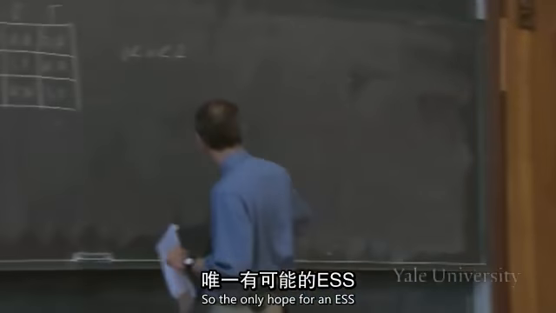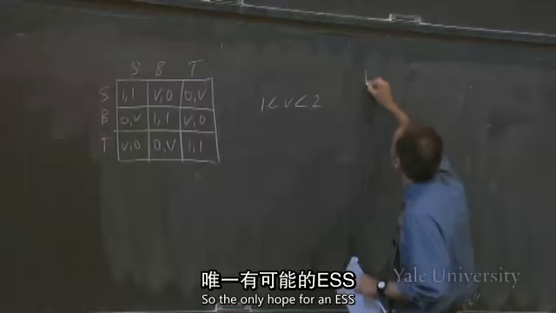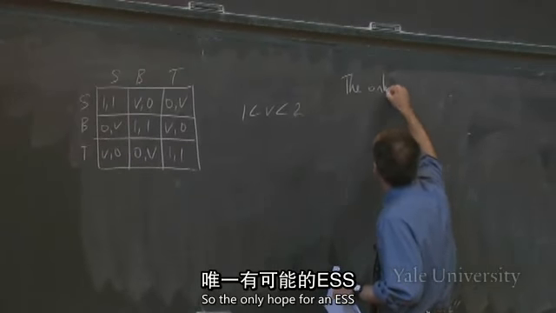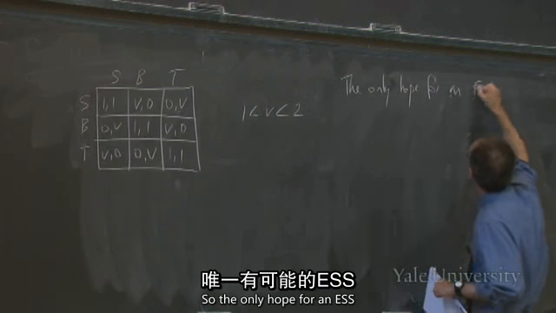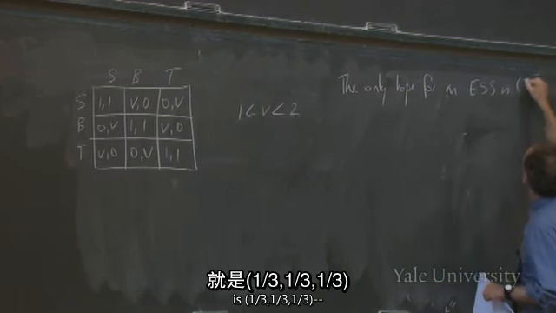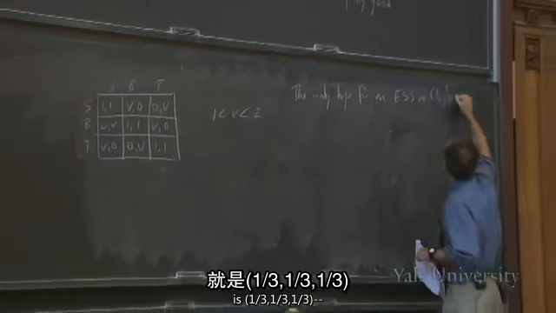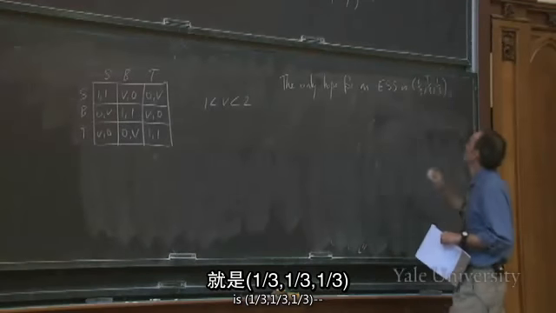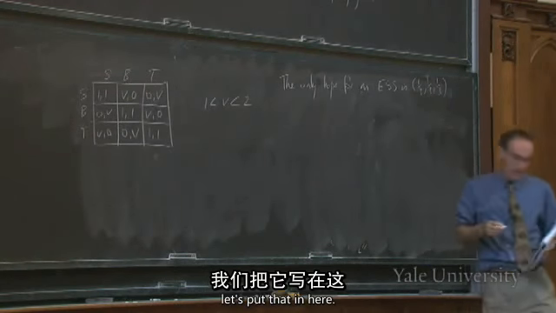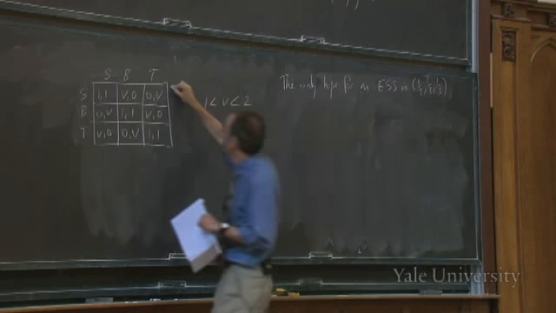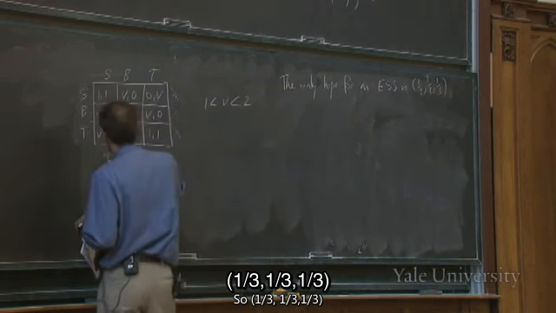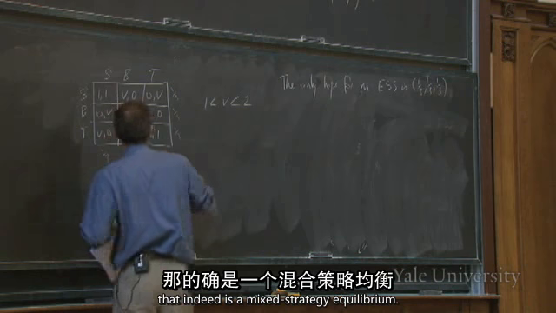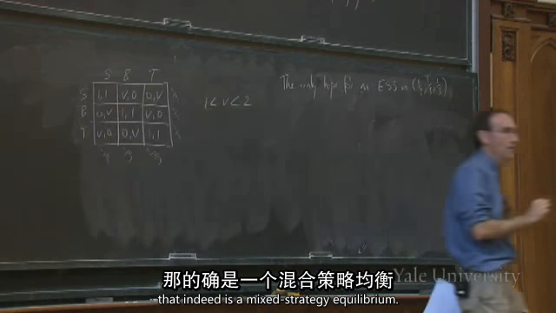So the only hope for an ESS is 1/3, 1/3, 1/3. All right, let's put that in here. 1/3, 1/3, 1/3. And you can check at home that that indeed is a mixed strategy equilibrium.